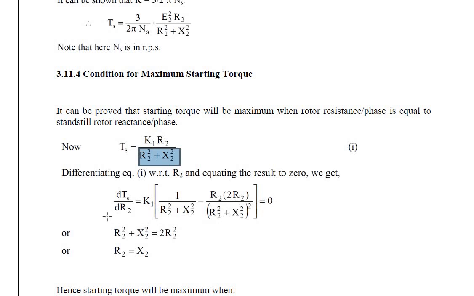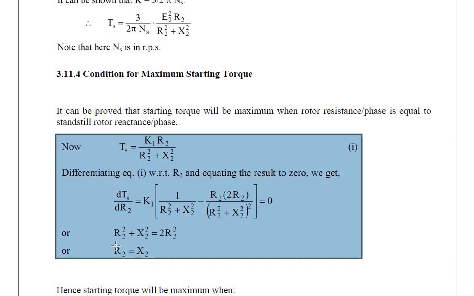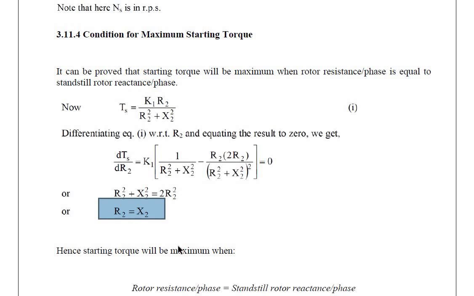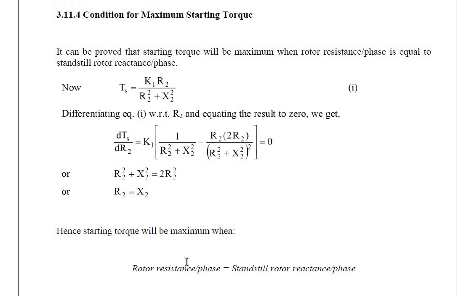So by solving this equation we will get R2 square plus X2 square is equal to 2R2 square, and from this equation we can get the condition for maximum starting torque: R2 is equal to X2. So we can say that when the rotor resistance per phase is equal to the standstill rotor reactance per phase, then we will get our maximum starting torque.